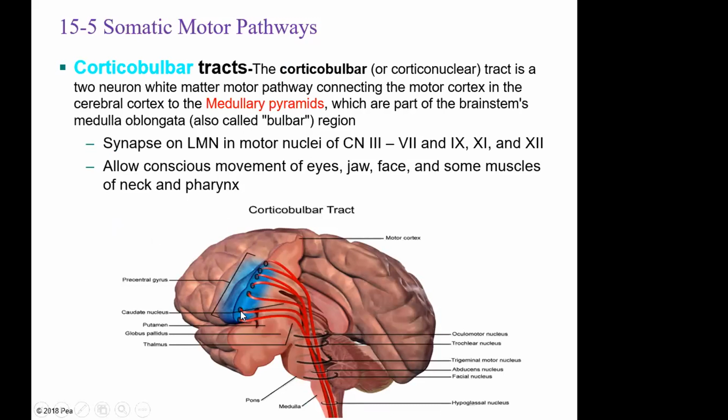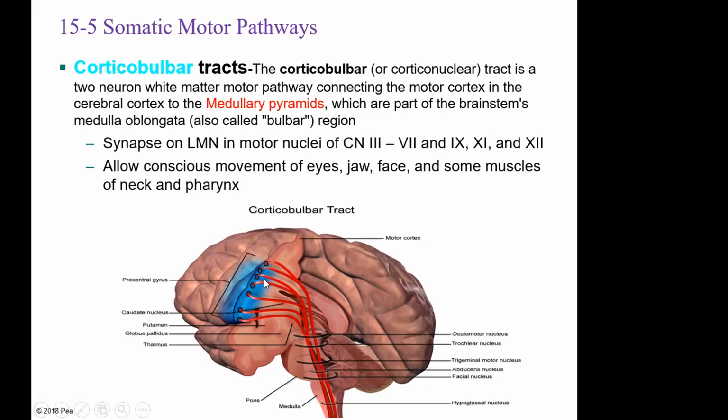This is going to go to what we call the bulbar region, corticobulbar. So that is part of the medulla oblongata, okay? This is going to run from the precentral gyrus, the primary motor cortex, into the medullary pyramids.